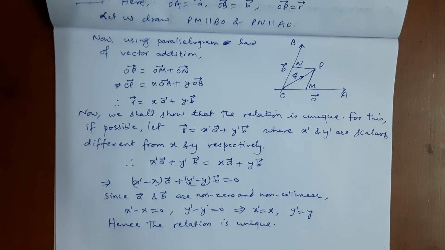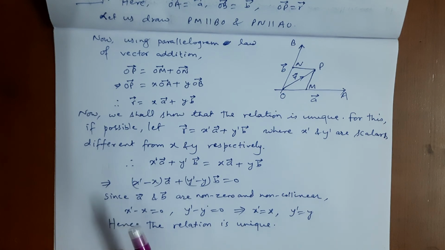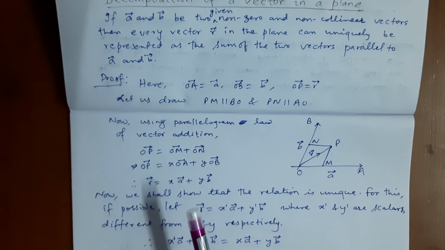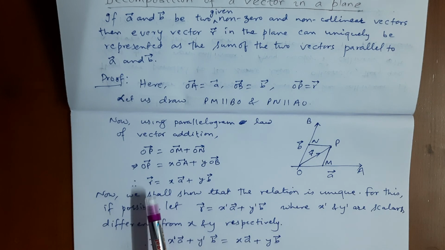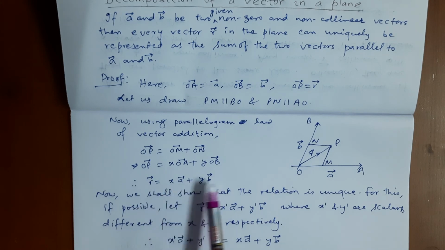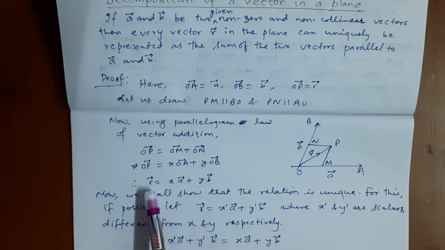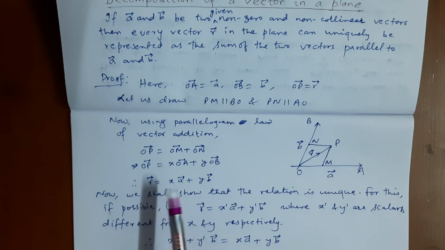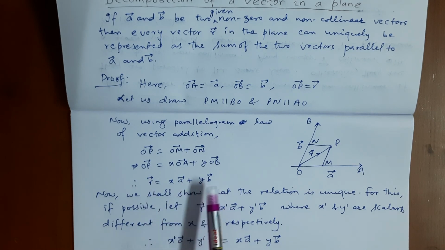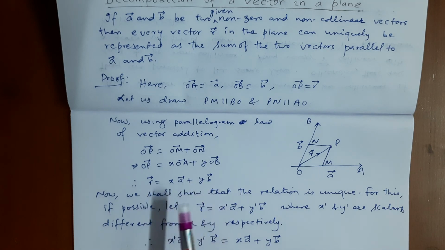So every vector in the plane is coplanar, and if it is possible to express any vector in terms of any other two vectors, then these three vectors are coplanar. Vector r, vector a, and vector b are coplanar. So to show that any three vectors are coplanar, this relation is also used.